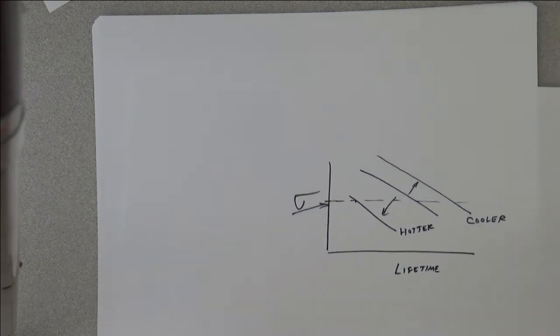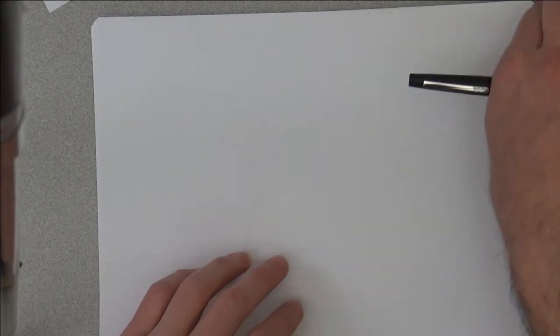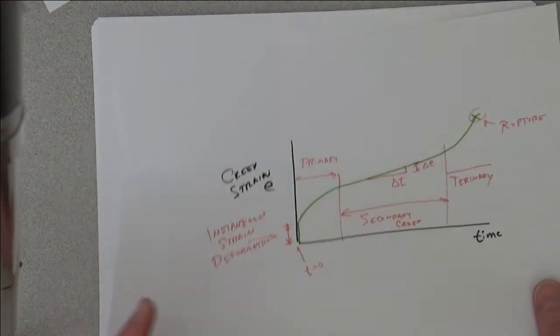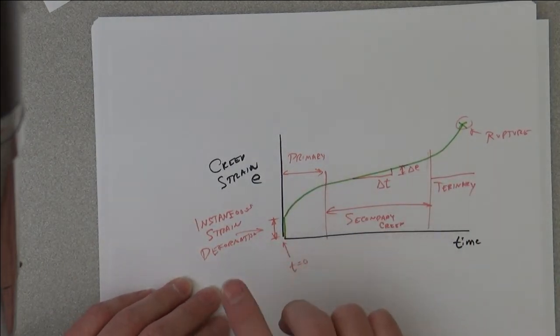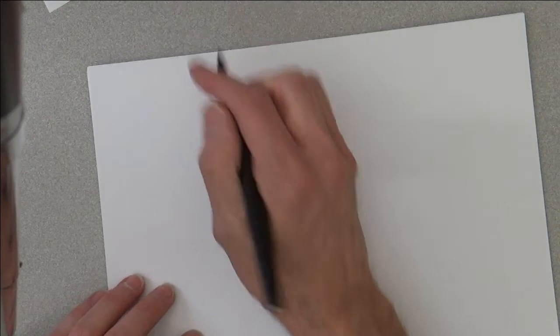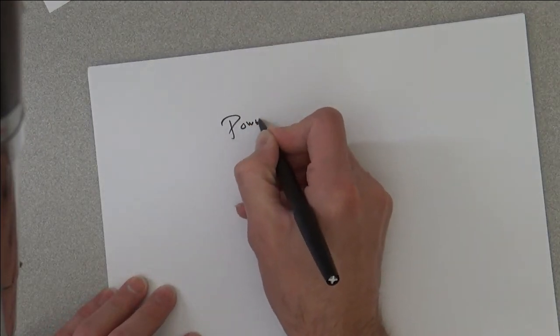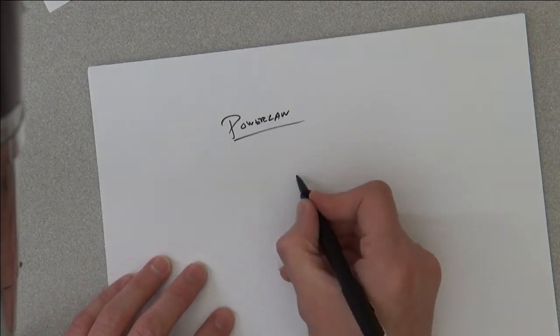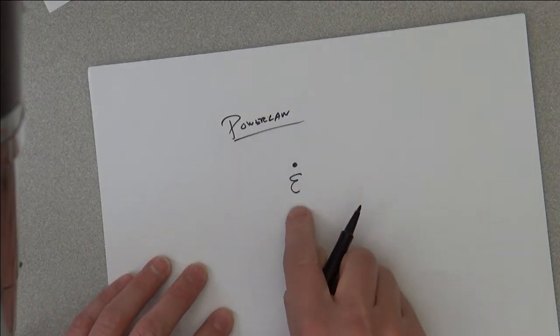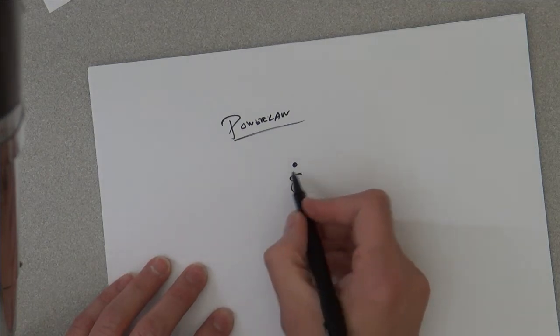When we talk about this in a quantitative fashion, we recognize that this shape looks a lot like the fatigue rates, and it turns out it also obeys a power law. And that power law behavior is the strain rate.